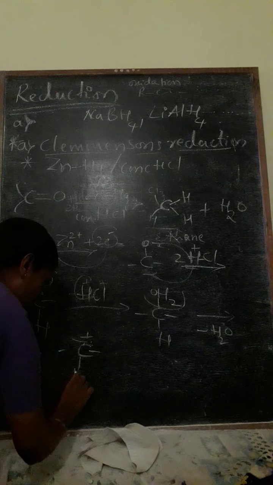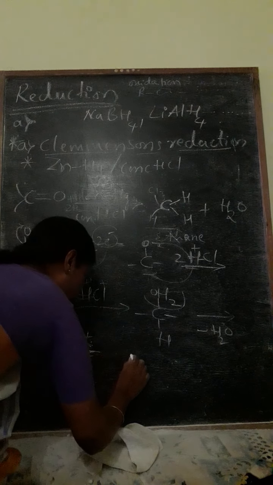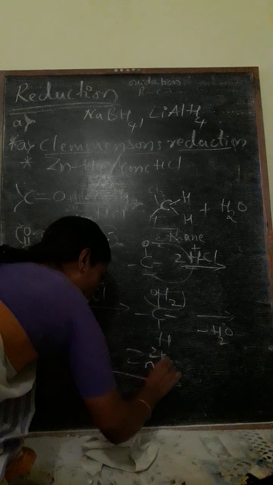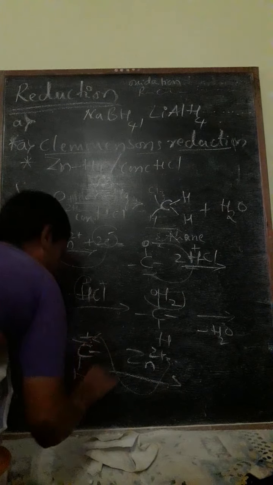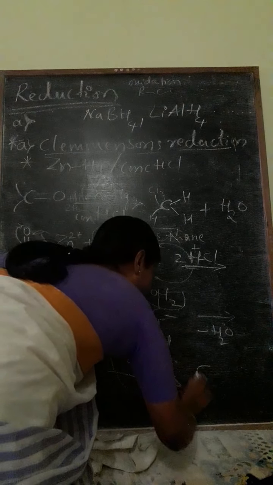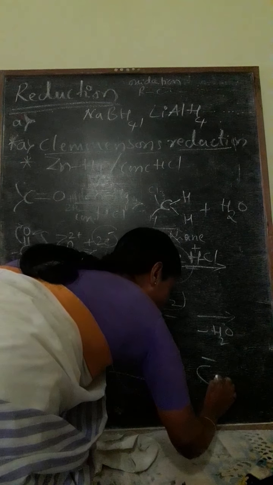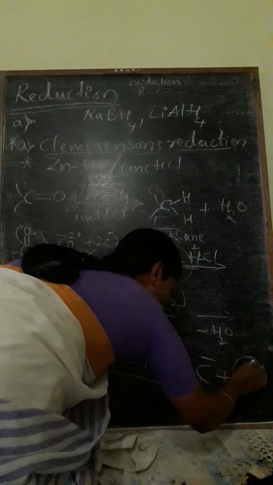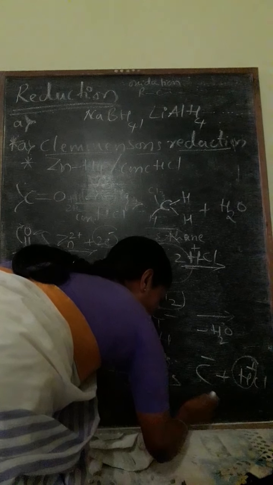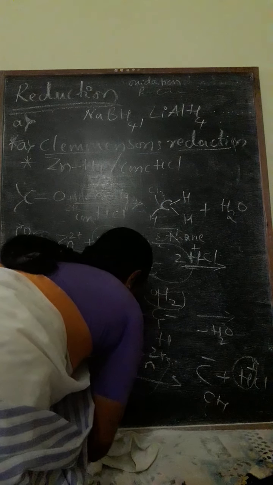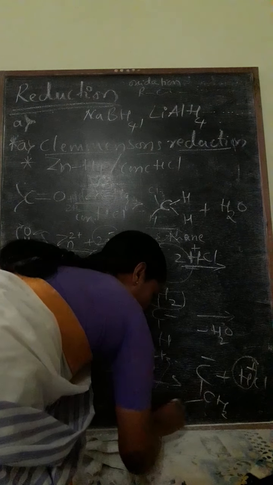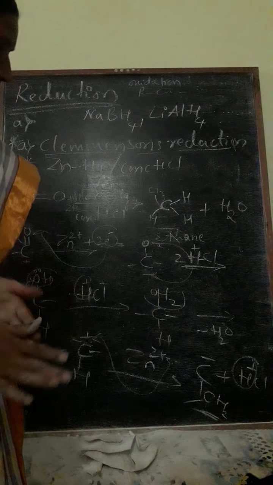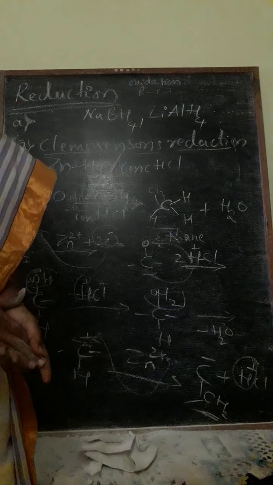Now again Zn plays a role: 2 electrons go to this carbon, giving C minus. Now again HCl plays a role, this H plus is added to this carbon, and it becomes CH2. Now it is a hydrocarbon. In detail I will give it cleanly in the notes.